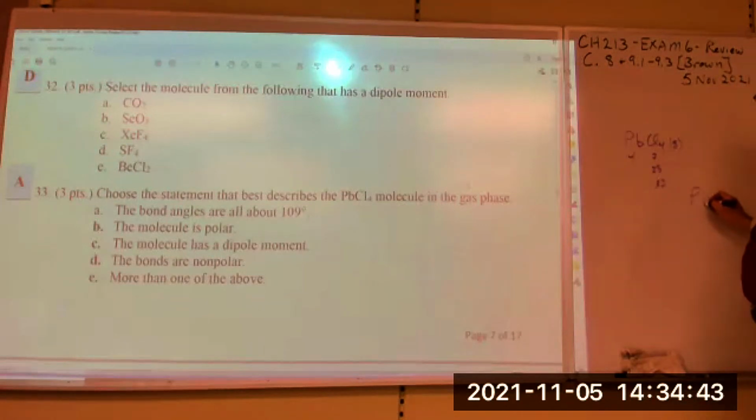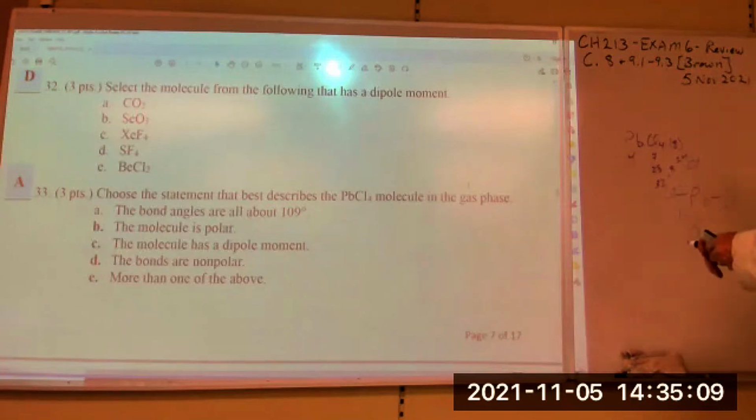Okay, so Pb, 1, 2, 3, 4. 2, 4, 6, 8 is 24. So 6 times 4 is 24. That's it. It's tetrahedral. So a bond angle of about 109.